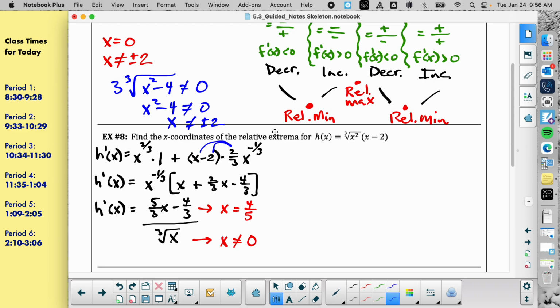If you guys are okay with this information that's here, then why don't you try to do the number line portion on the right-hand side? That would find you relative extrema and intervals of increasing, decreasing.